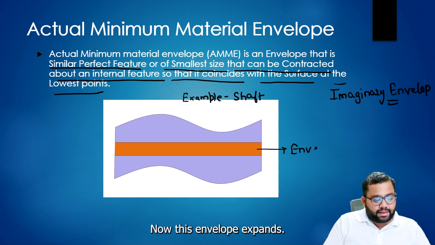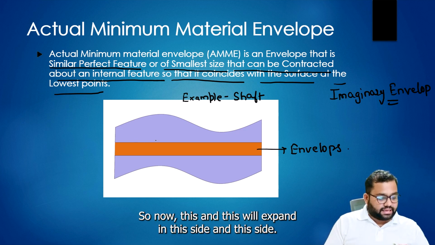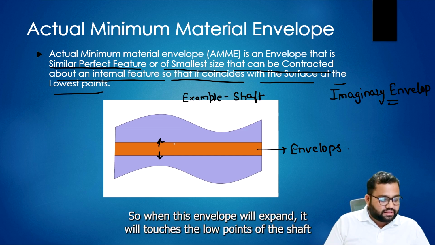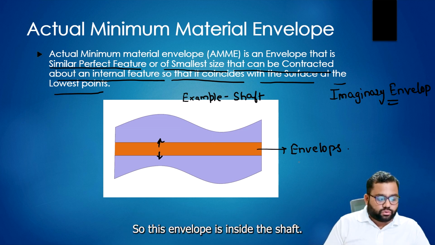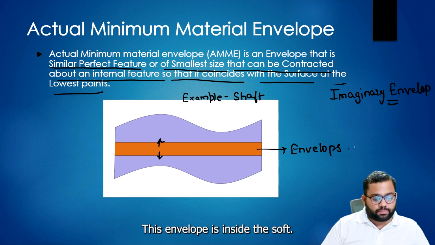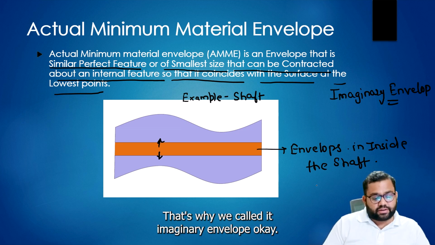Now this envelope expands, on this side and this side. When it expands, it touches the low points of the shaft from inside the shaft. This envelope is inside the shaft, that's why we call it an imaginary envelope.